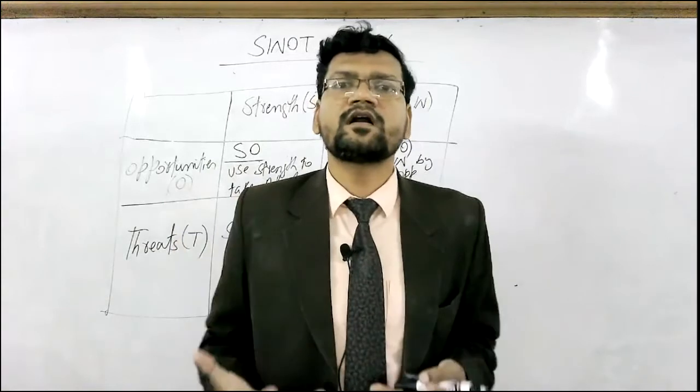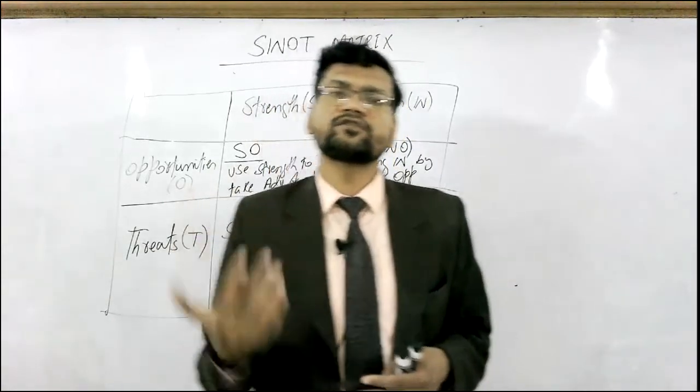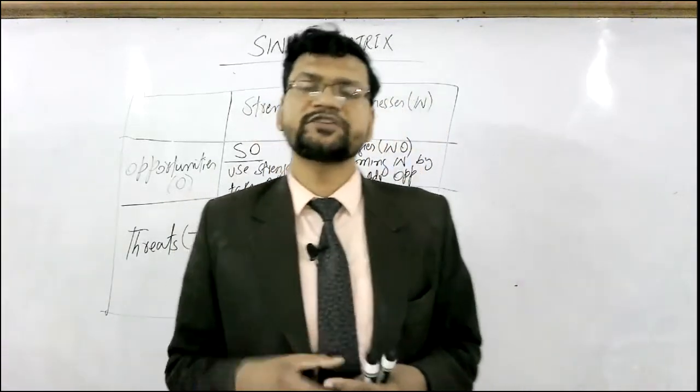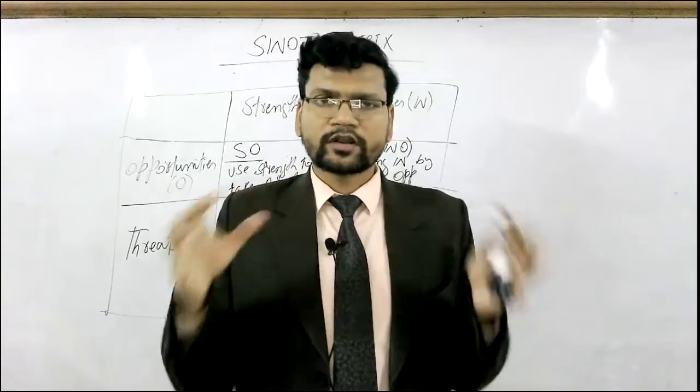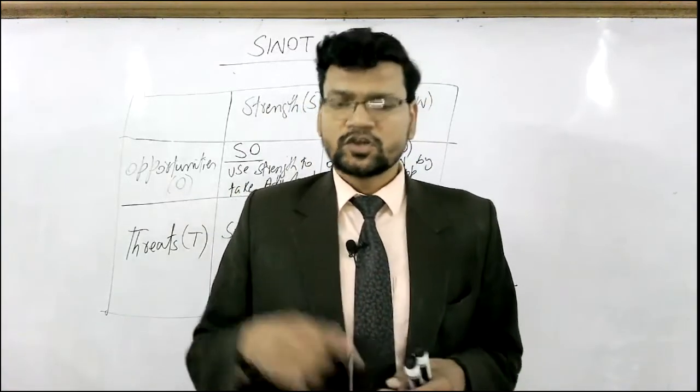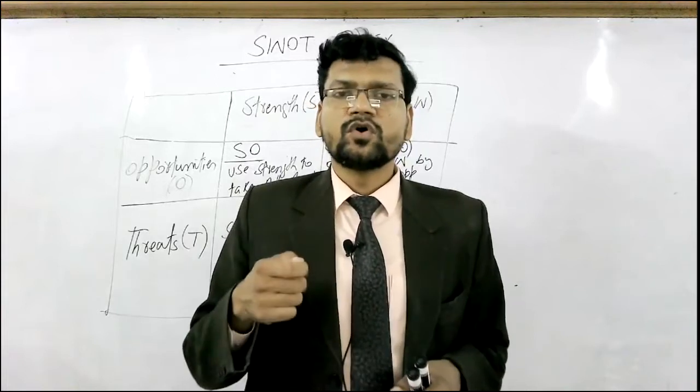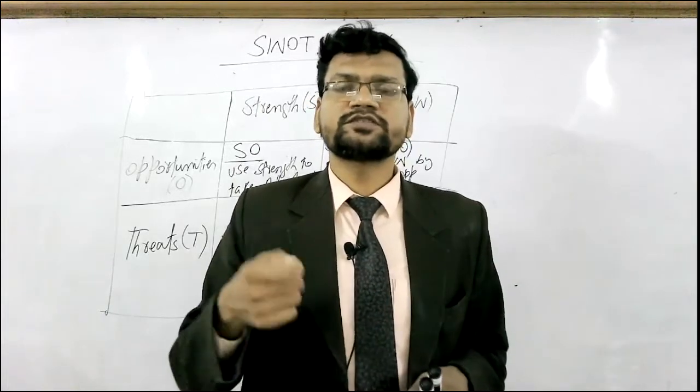Then you will make a strategy. So what kind of strategy will you make? The strategy to overcome such a situation will be to make new benefit policies for the employees.